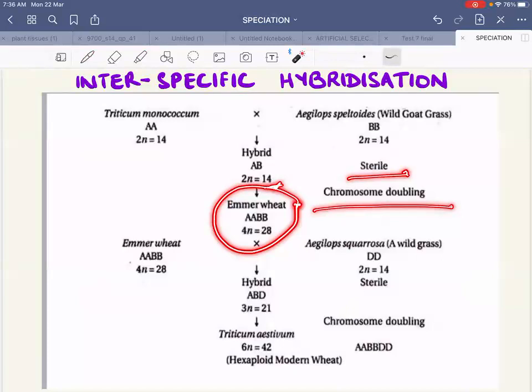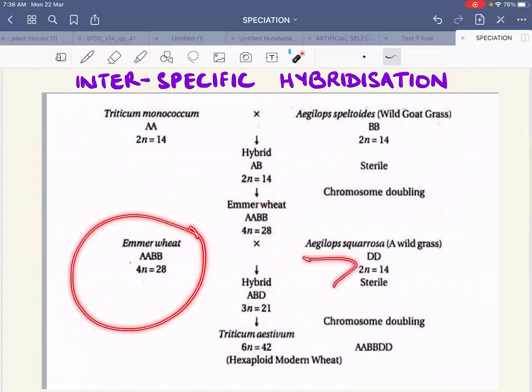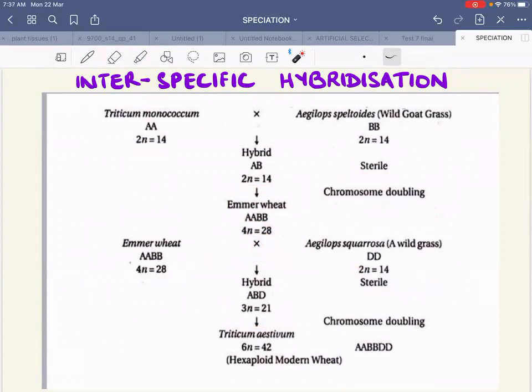It will be fertile if we cross it with the same kind of species, exactly like emmer wheat, which is AABB. If we cross it with the same kind of species, it can give rise to fertile offspring. But what is shown in this cross is that if we cross it with another species, again it will give you a sterile hybrid, and after that chromosomal doubling can happen.